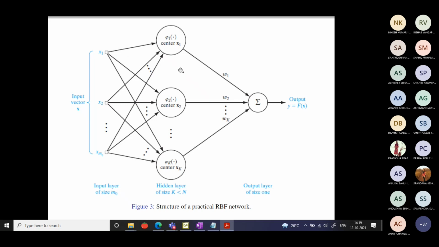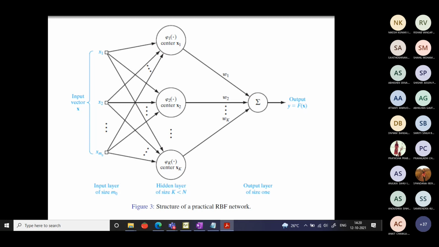But in the practical scenario, if the number of neurons you decide in the hidden space is k, then the centers will be chosen accordingly. And I'll be talking about this. Definitely this k is always much lesser than n, the total number of data points in the training data set.